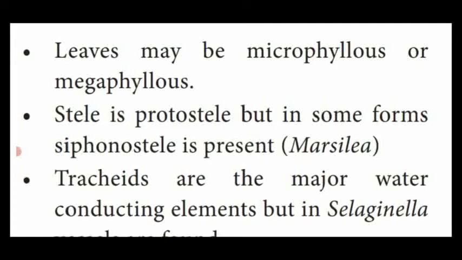What is stele? Dear students, in 10th standard, you studied the first lesson, plant anatomy and plant physiology, in the biology portion. In plant anatomy, you studied the internal structure of root, stem and leaves. In that internal structure, you saw the vascular bundles.